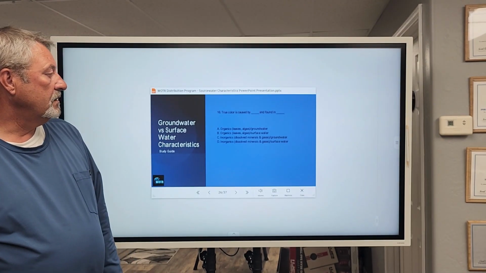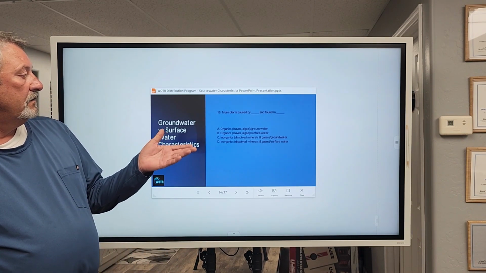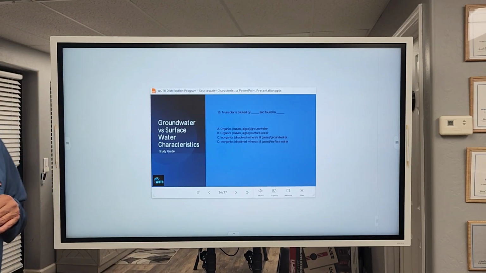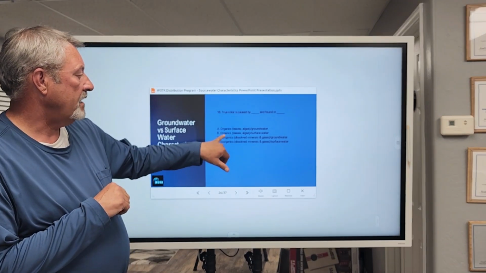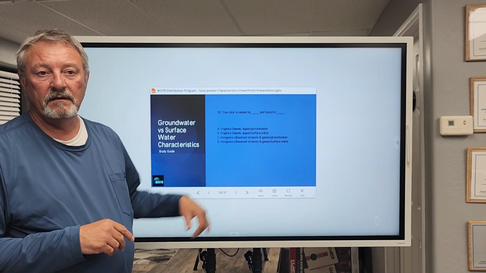Number 16, true color is caused by blank and found in blank. True color. That'll be under organics. And I want to say surface for true. True color is caused by organics and found in surface water, B. Yeah.